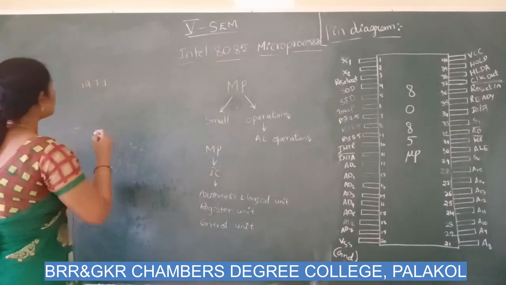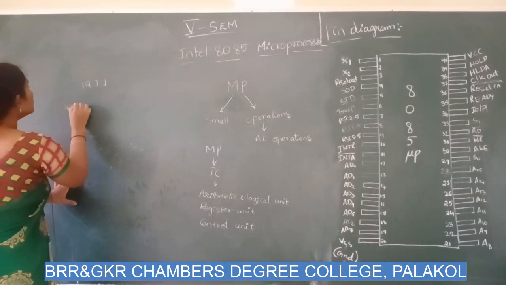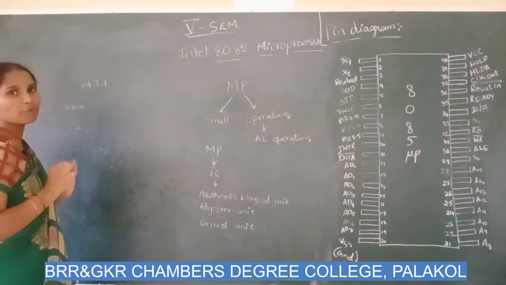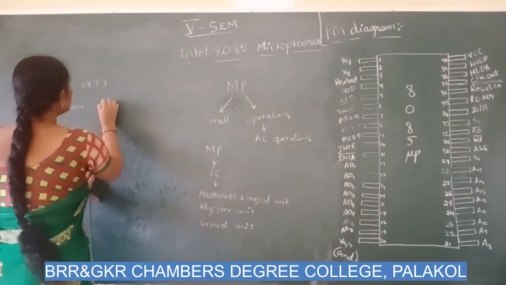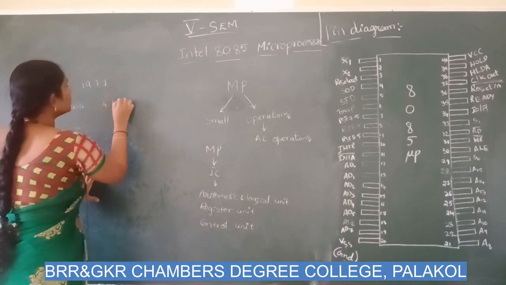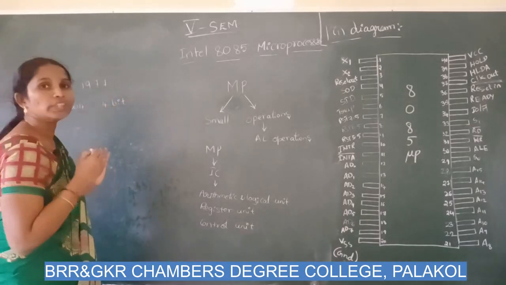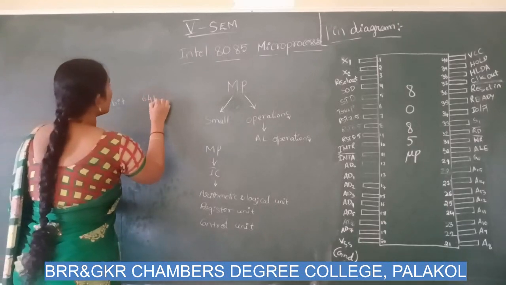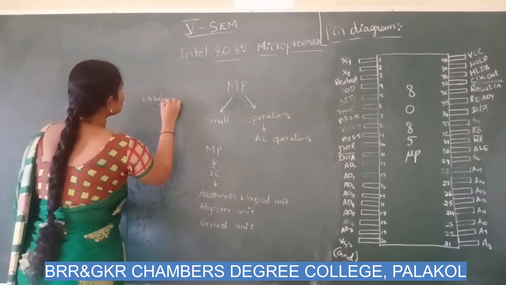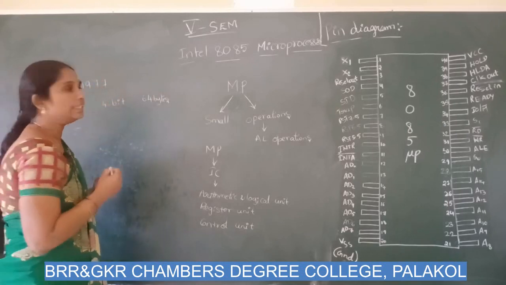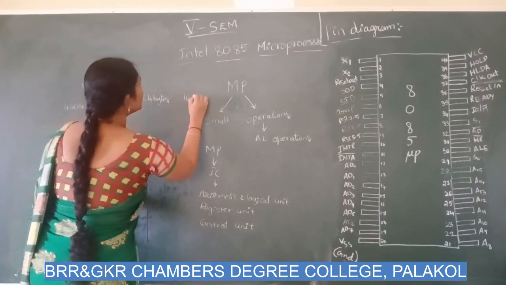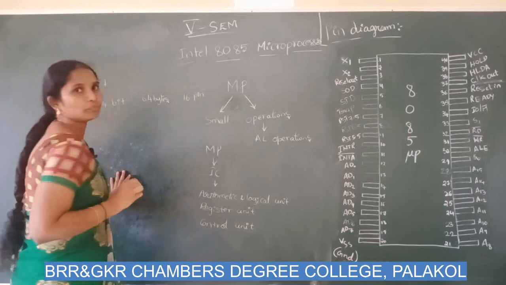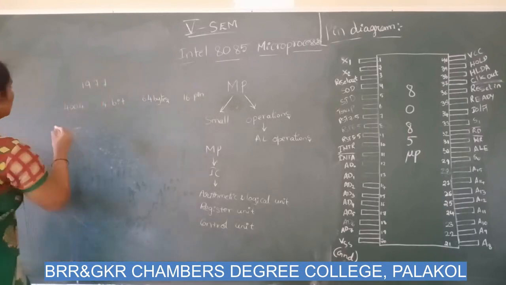The first microprocessor is the 4004 microprocessor. It is a 4-bit processor. The memory size of this processor is 64 bytes of memory, and it is a 16-pin IC.